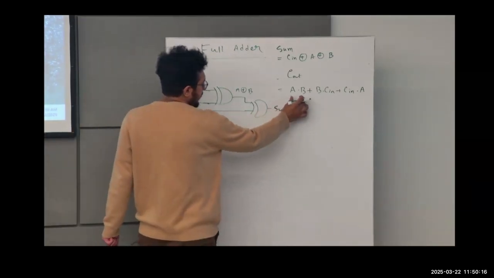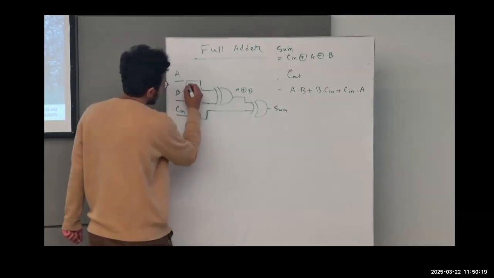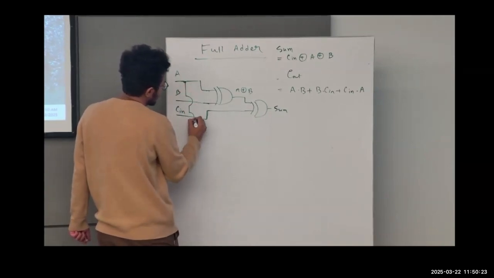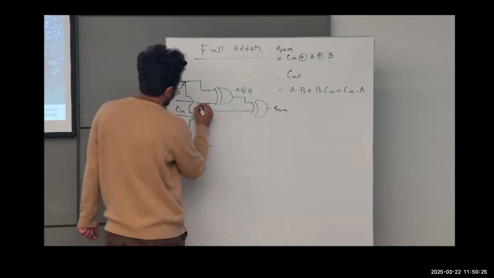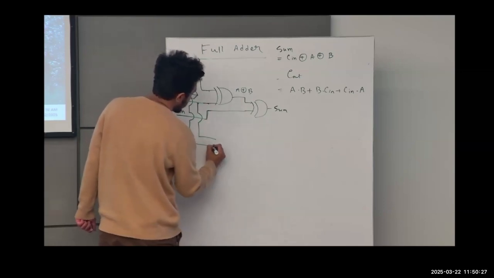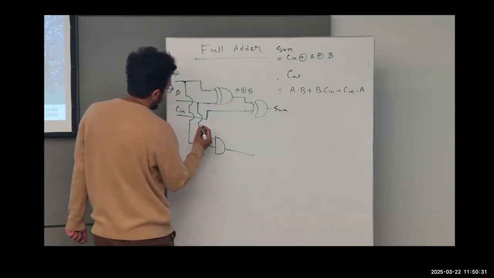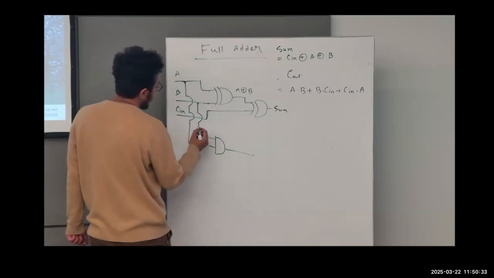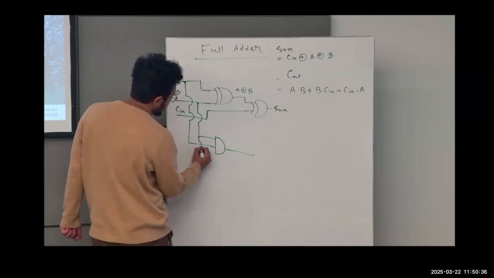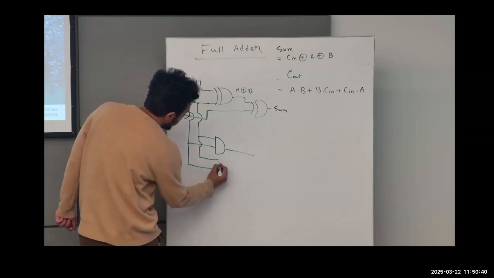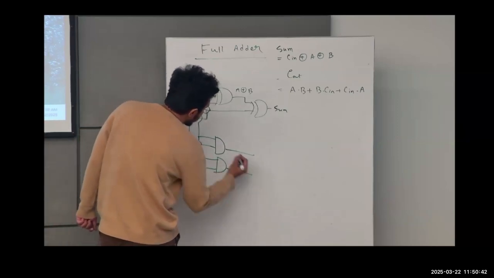Now we have A and B, B and C in, C in and A. So A and B. Then we have B and C in, another AND.